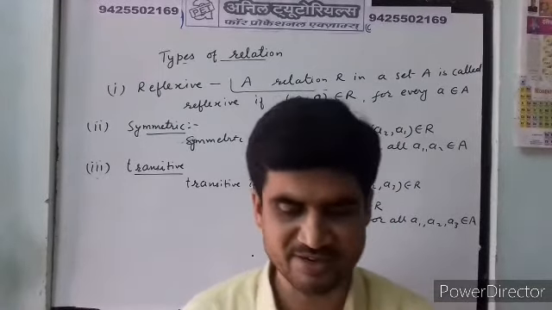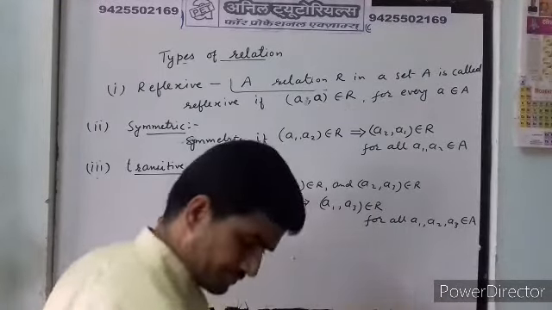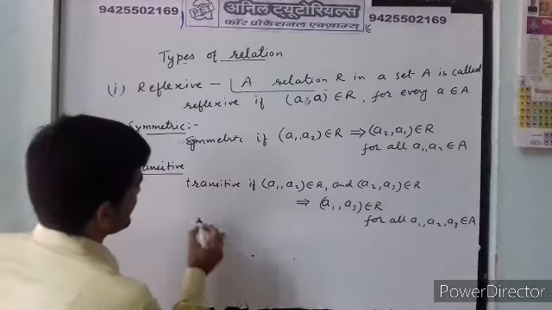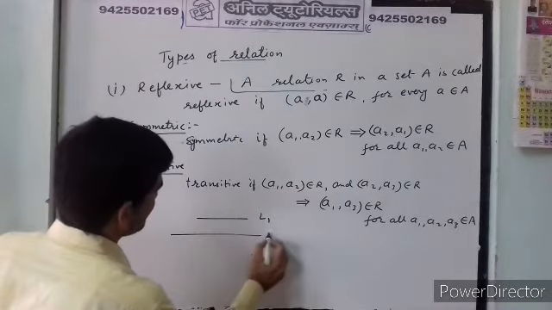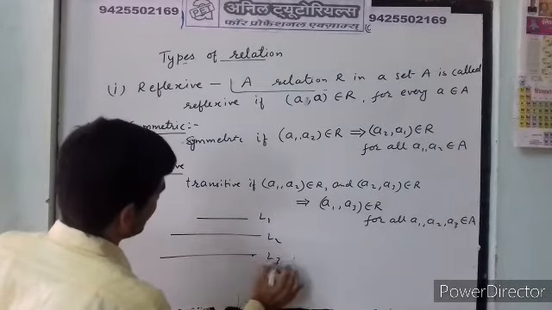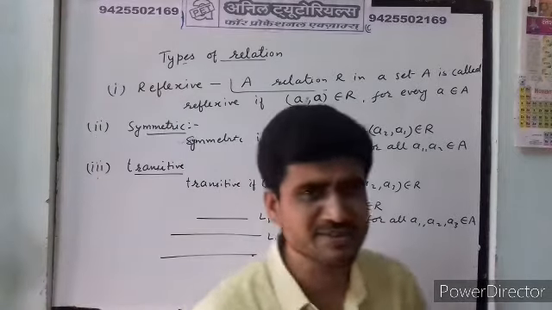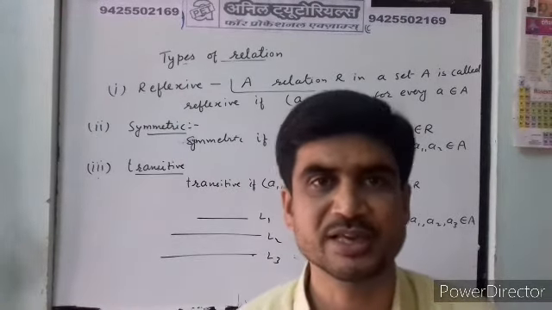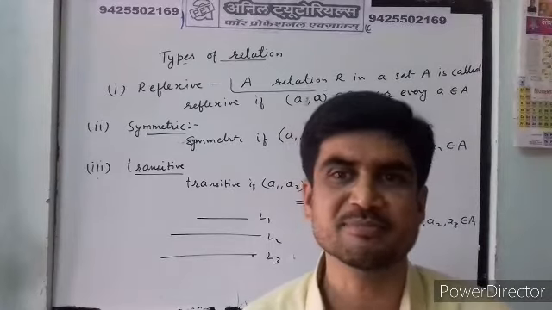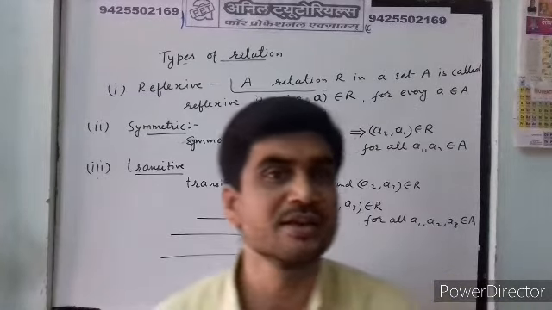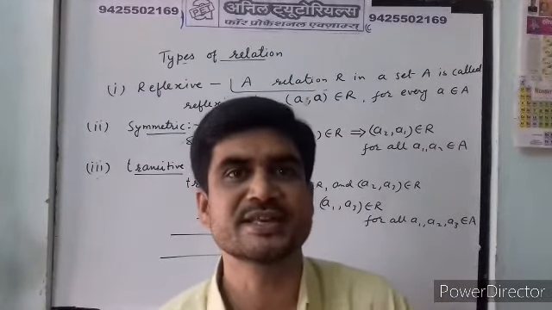Now, if for a particular example all these three types are present, just see one example. We have 3 lines, line L1, line L2 and line L3, which are parallel. The relation is describing parallel lines. You know children, a line is always parallel to itself.